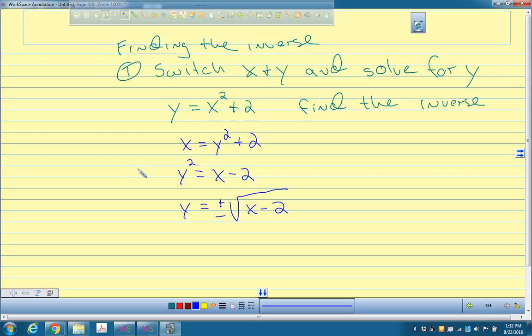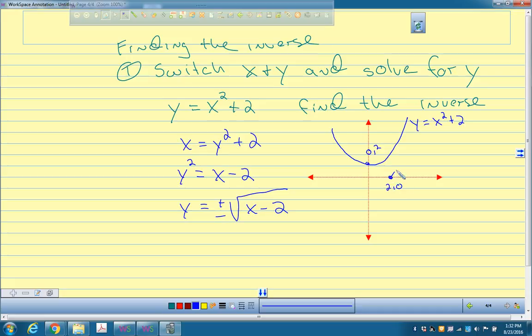It depends which half of the graph you're looking at. Because of that, a function can only have an inverse if it's 1-to-1. So if this is y equals x squared plus 2, then one inverse goes through the point (0, 2), and this is going to go through the point (2, 0), right?